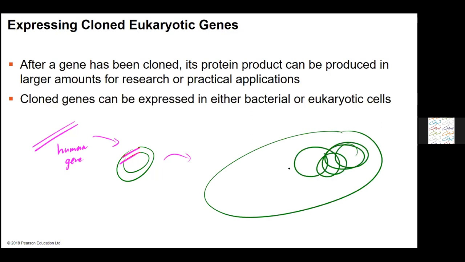So this is the bacterial chromosome, and now we have our plasmid carrying our gene, and now the gene could be expressed. Cloning our gene into this plasmid requires that we have a promoter.